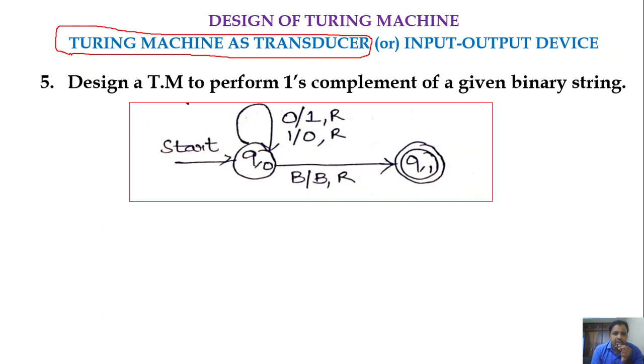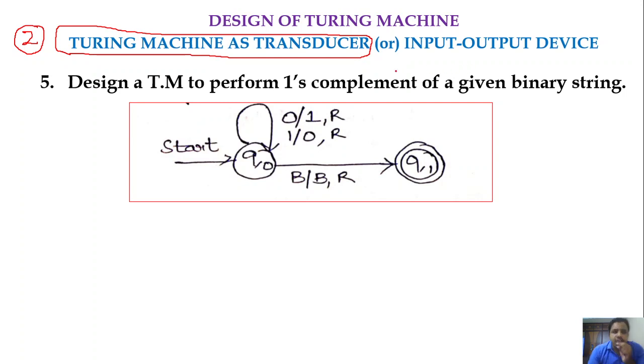Already I mentioned in the introductory part that the Turing machine could act like a language acceptor as well as a transducer. The first point we have discussed and solved certain problems related to it, and from this point onwards we are going to implement the Turing machine that works like a transducer.